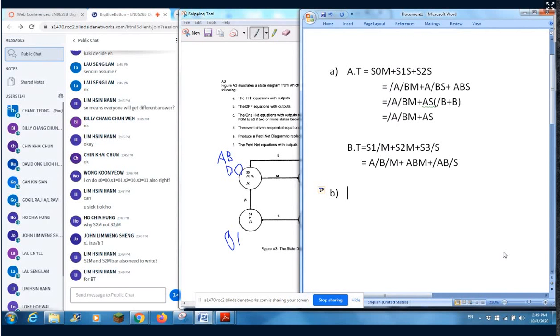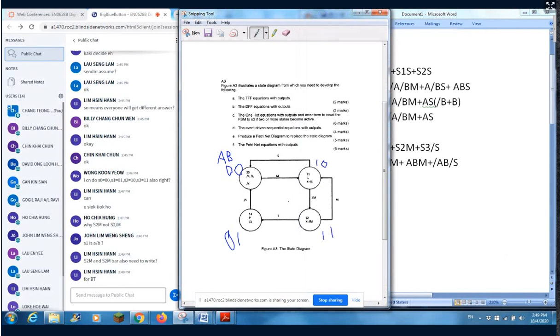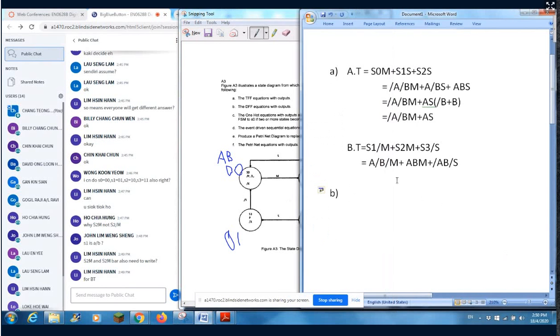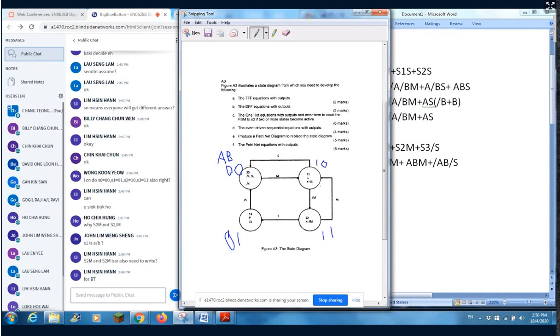So Jia Hong, you say why S2M? S2M bar. Am I making a mistake here? Yeah, it's S2M, right? Because S2 input M, then your B goes from 1 to 0, not S2M bar.